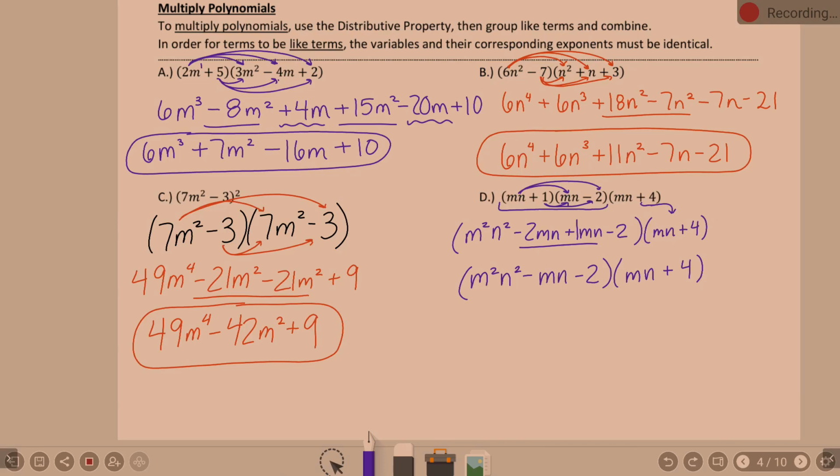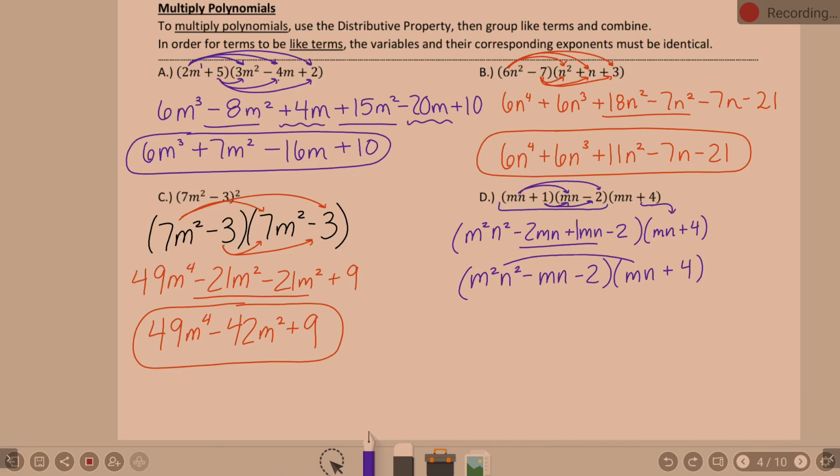And now we distribute again. If you're more comfortable, you could distribute the smaller parentheses, which is normally my preference: mn times each of the first 3 and 4 times each of the first 3. Or we can distribute as is.